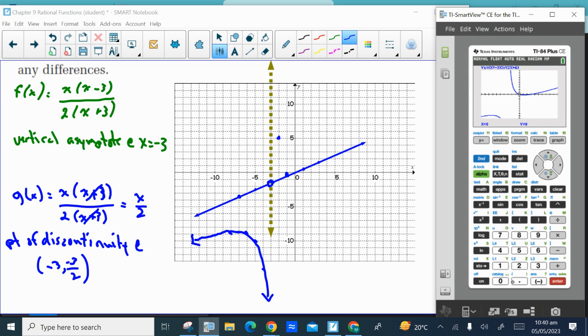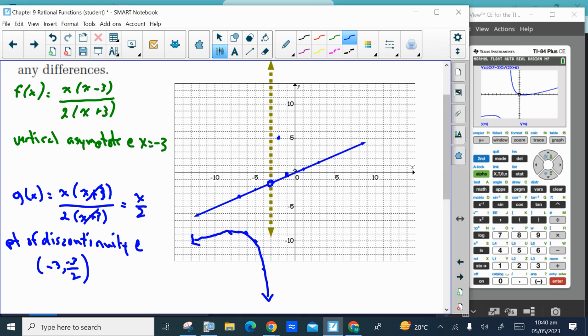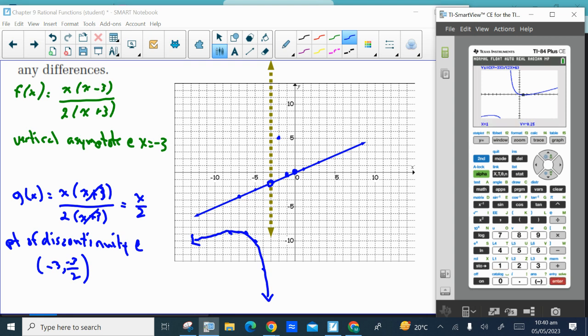Zero, we get 0. 1, we get negative 0.25. Let me check this again. Negative 1 is positive 1. There we go.